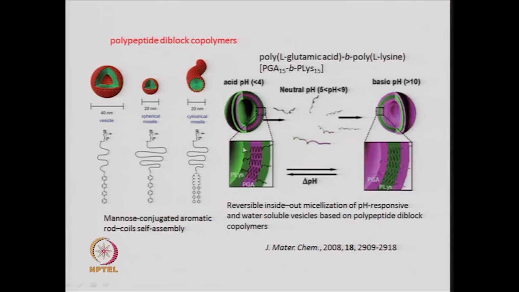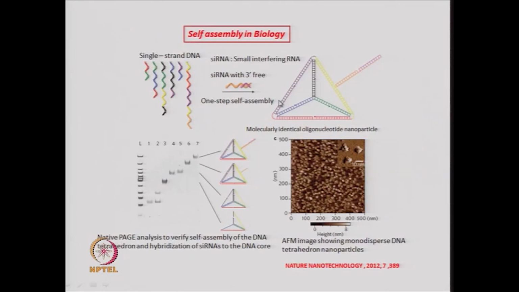In one case, when the drug is inside, you want a particular environment, and when the drug is outside you can have a different environment which will bring the vesicle back outside. So, you can control the function of the vesicle by controlling the pH.